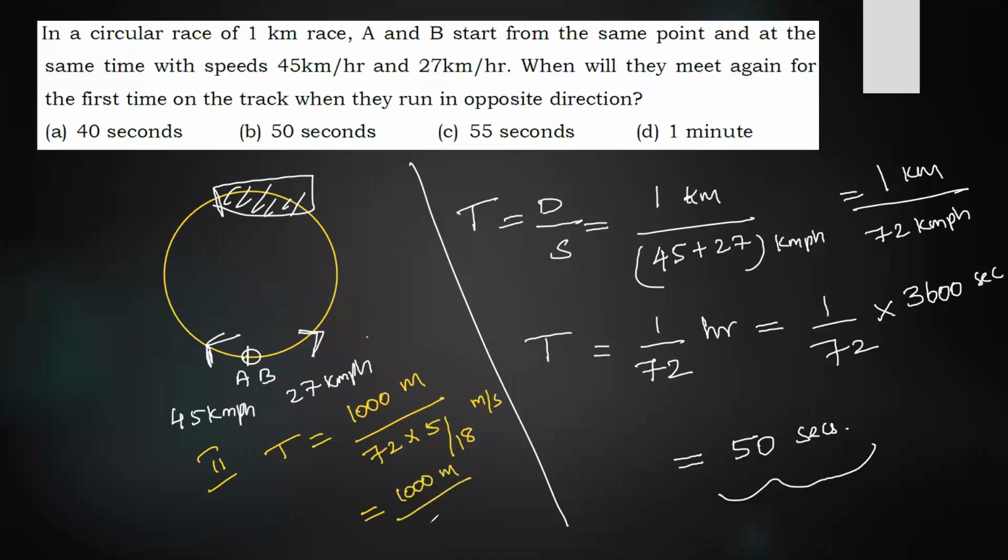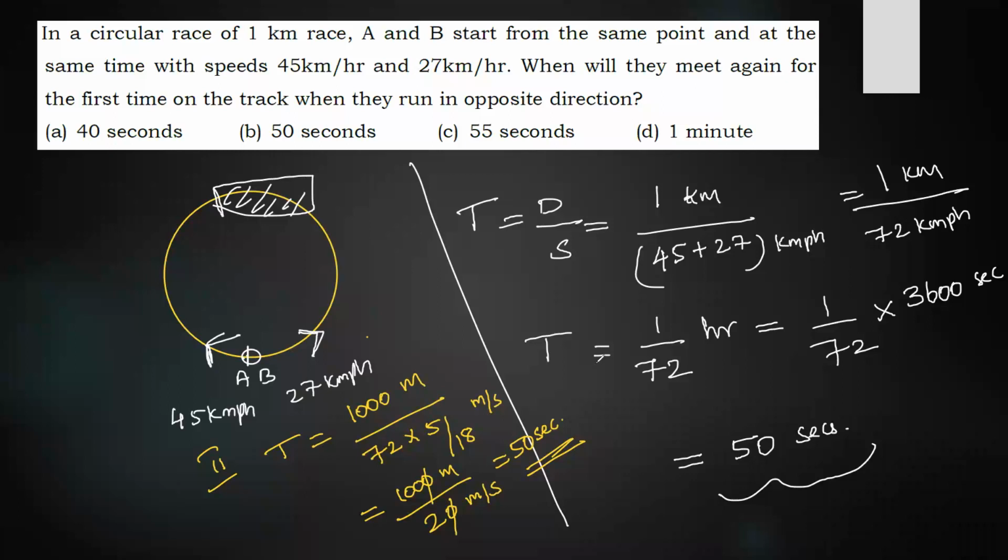Or else you can do it like this. We have 1 kilometer, so time equals distance, 1000 meter, by 72 km per hour. I'm converting that into 20 meter per second by multiplying by 5 by 18. So if you divide it, 1000 meter by 20 meter per second, cancel it, you will get 50 seconds.